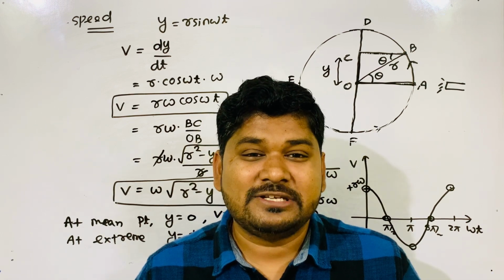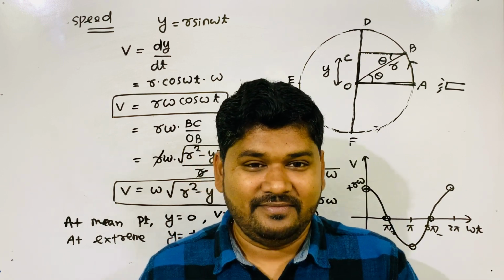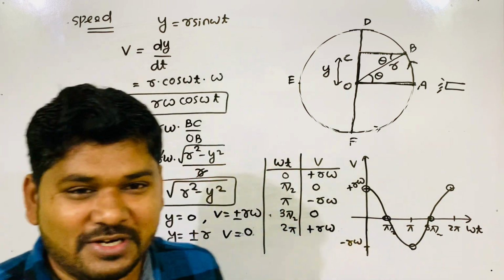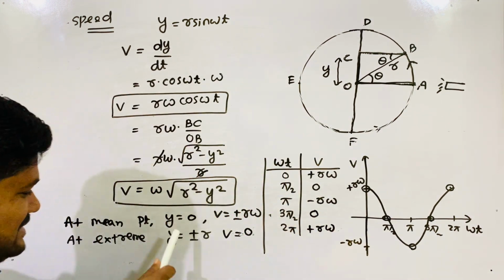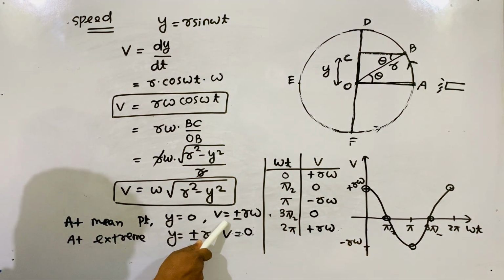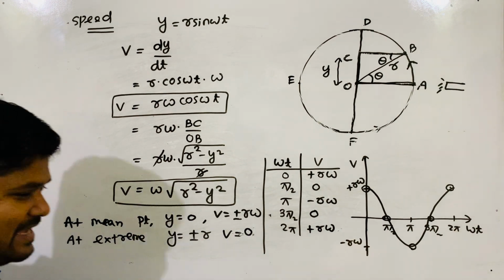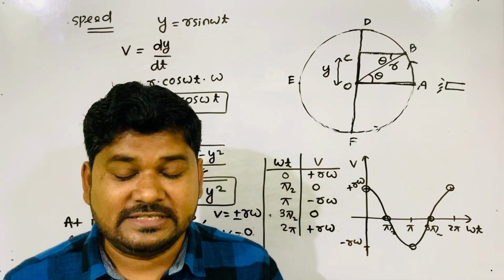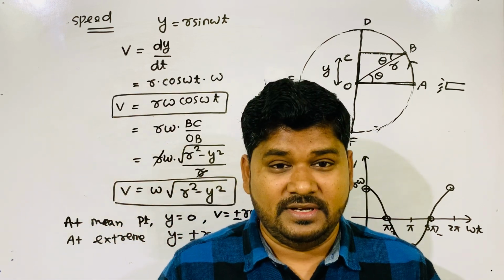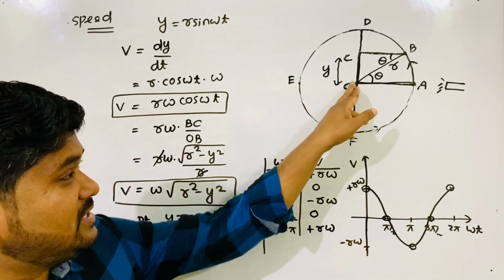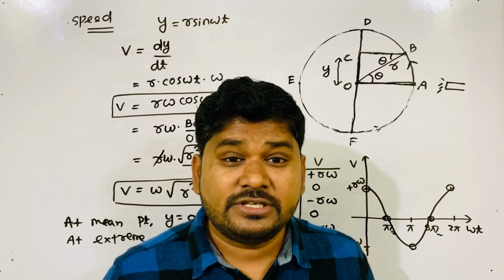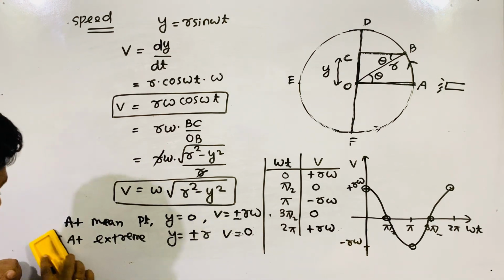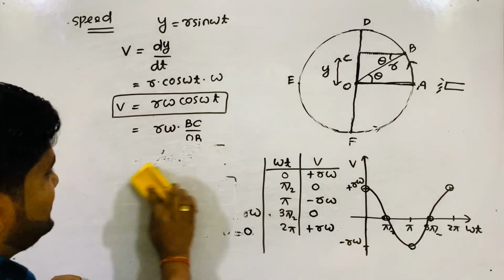Is there any motion that exists? What answer is coming to your mind? Because the answer is in front of you. Displacement 0, but velocity maximum. This happens when a body executes SHM, simple harmonic motion. At mean position, displacement 0, but velocity is maximum. So this is about the velocity of the body.